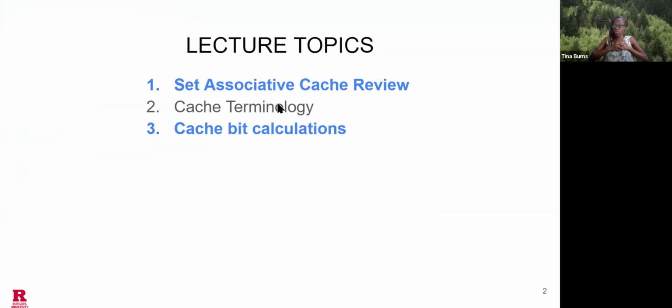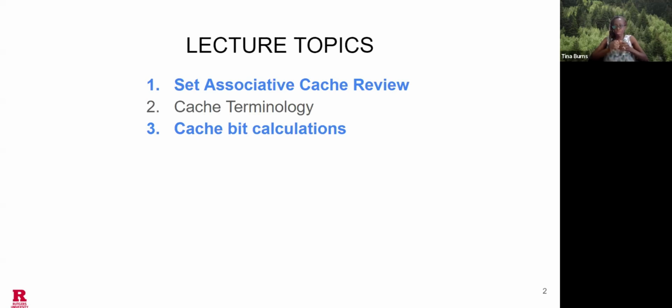We're going to review what a set associative cache is. From the last lecture, keep in mind that we talked about three different types of structures you can use for a cache, right? The direct mapped, the fully associative, and then we also talked about the set associative. The set associative is probably one of the more common of the two.